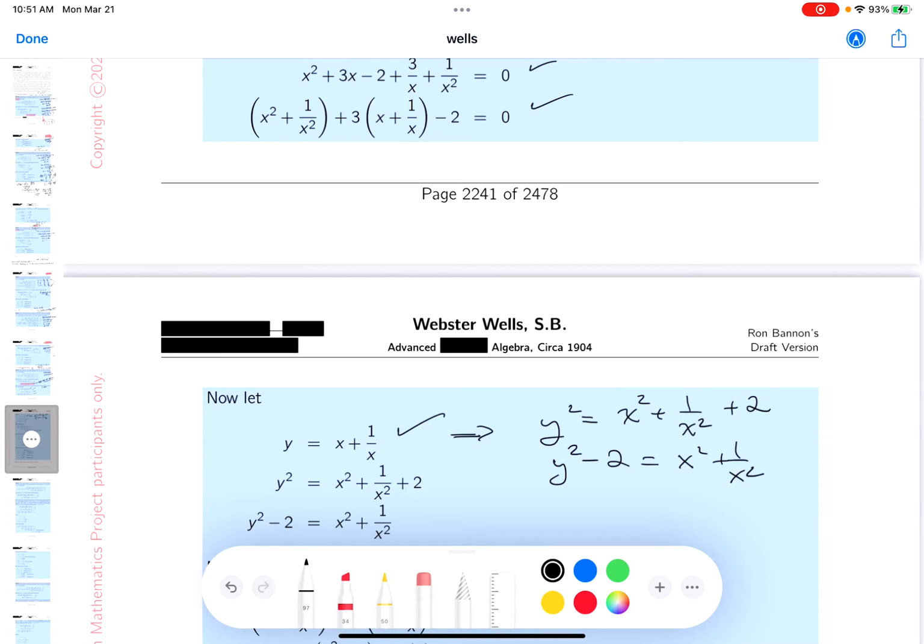Remember, I said y is equal to x plus 1 over x. Let's go back up here. What do you get? You will get y squared minus 2 plus 3 times y minus 2 equals 0. That's tough, though, right? So what do you get? y squared plus 3y, let's see, minus 4, right?